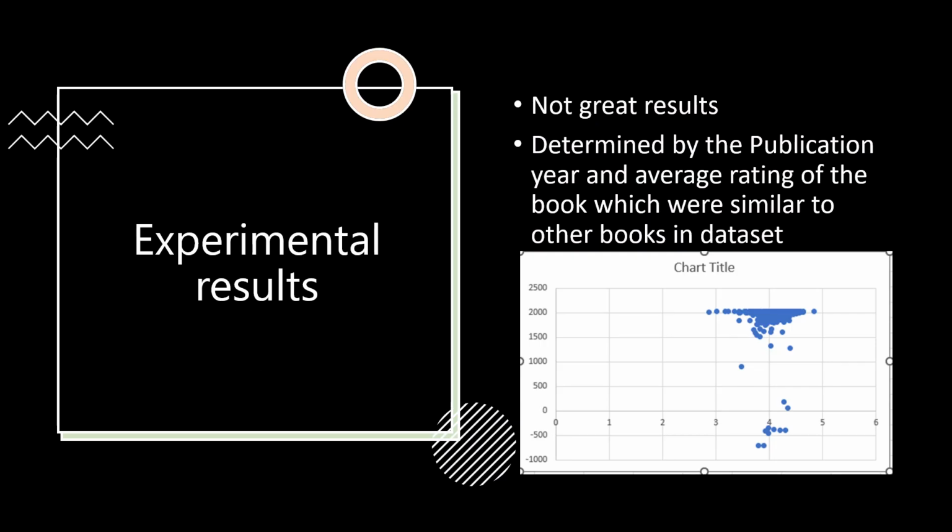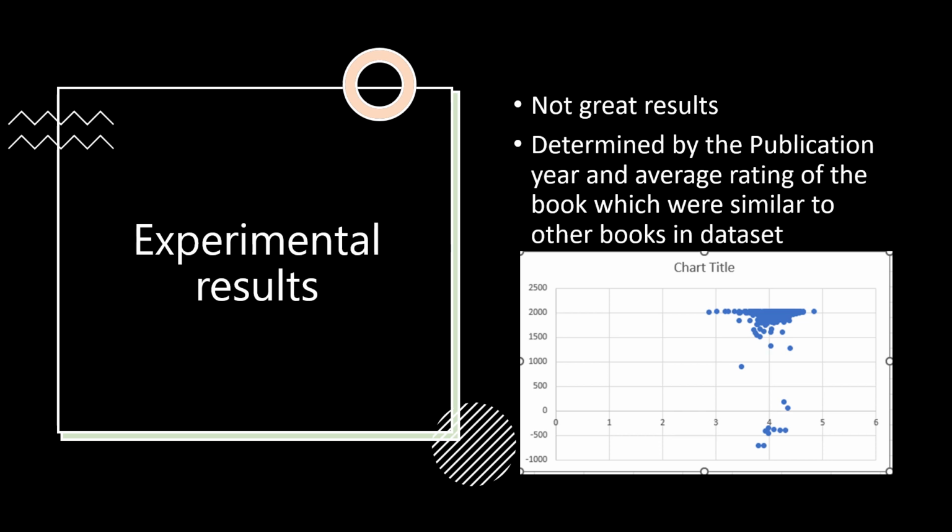Now, like I said before, the results for my system were not great, and that was mostly because of my data set. My data set was one I created, and it had a very narrow view.